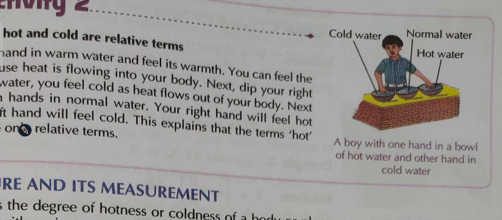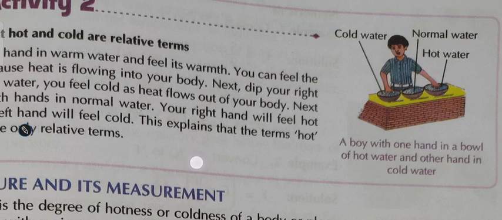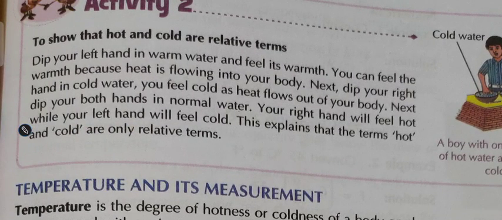Cool, because in the first condition the heat was transferring from the hot water to the body, and in the second condition heat was transferring from the body to the water. And then the person dipped both hands in normal water, then the right hand will feel warm. It means that hotness and coldness, they both are relative terms.